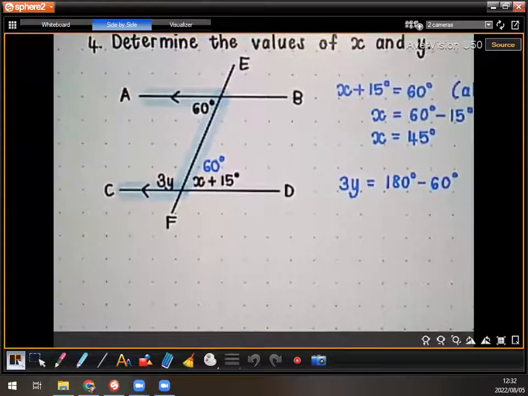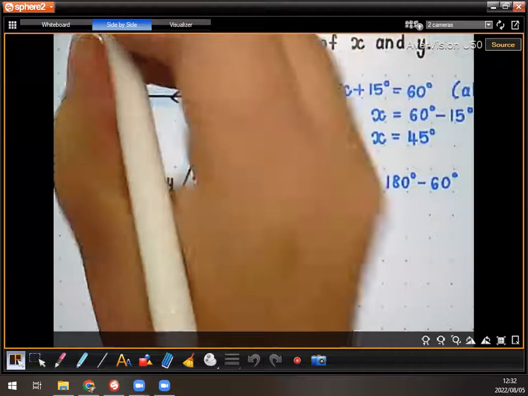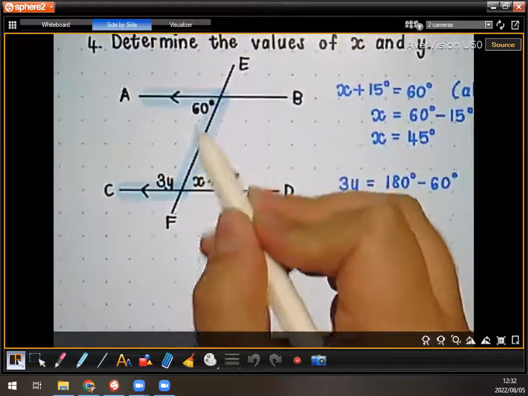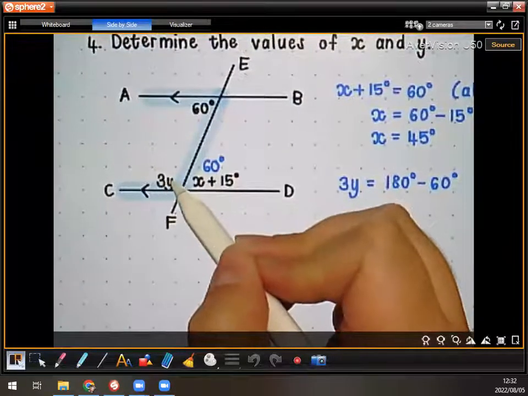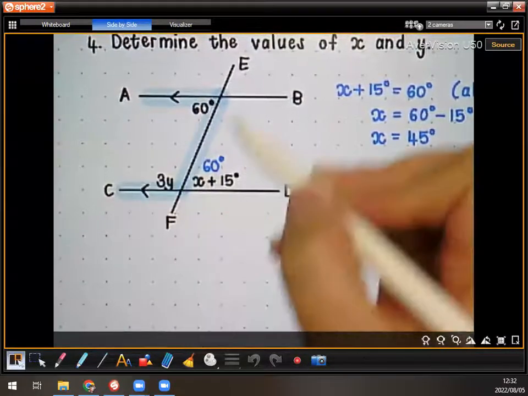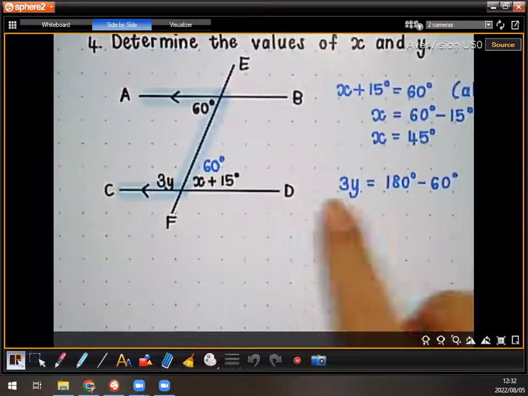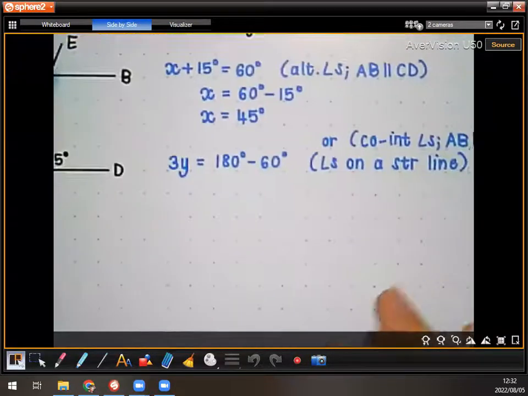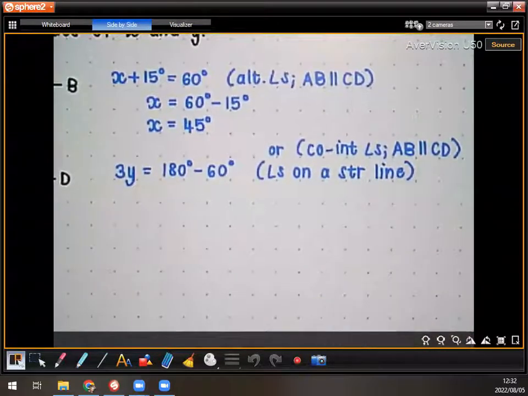Okay, so these two must add up to 180 as well. So you would again say 3y is 180 minus 60. Same working, just different reading. So you can decide which reason you want to write there. It's basically whatever you see first, you write down.